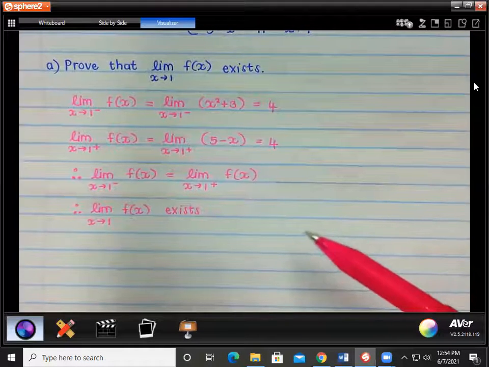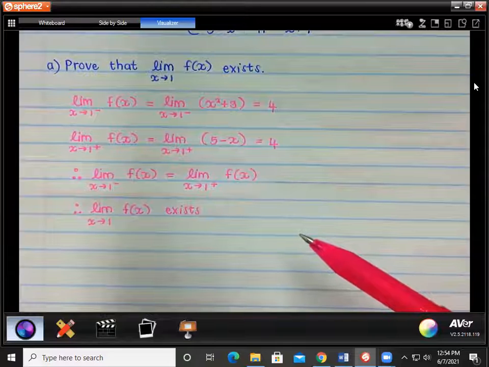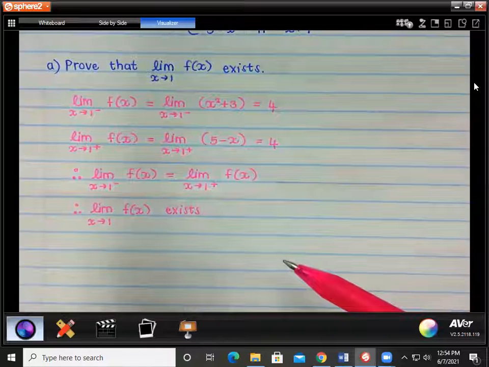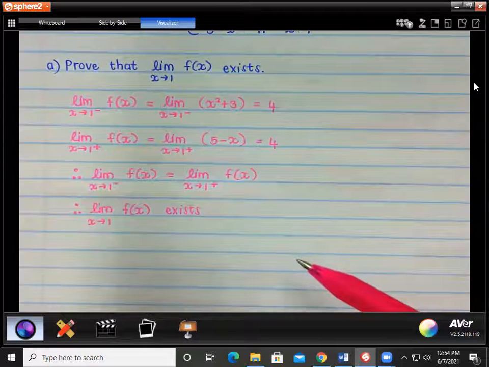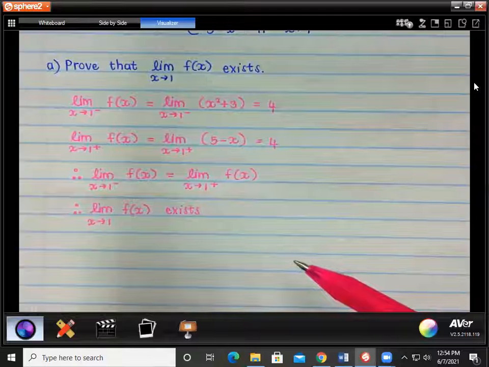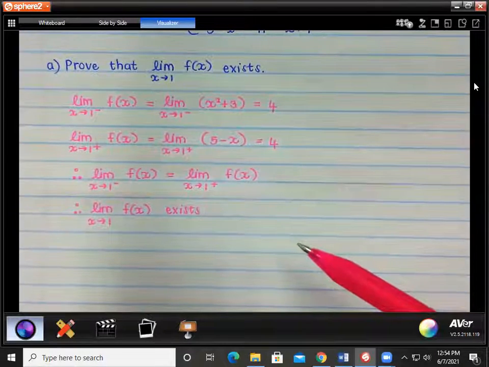4. Yes. Would it change anything if, instead of the 3 different pieces, you just say f of x equals x squared plus 3x when x is less than 1, and then 5 minus x when x is greater than or equal to 1? So then you won't have the middle line. Yeah, so then it would be the same thing in this case.